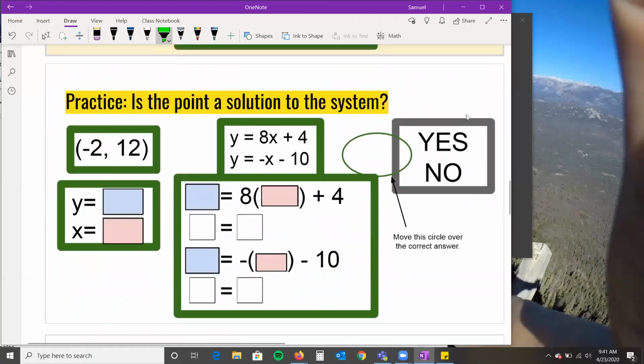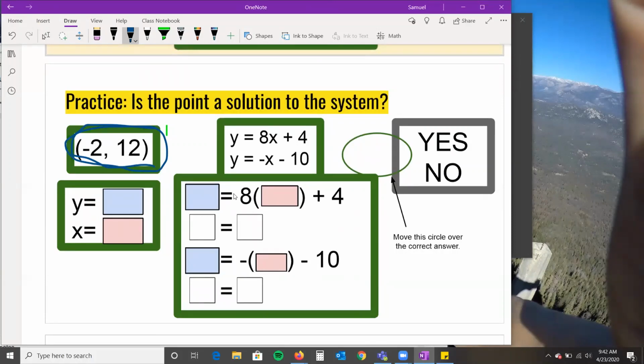Okay. I want you guys to go ahead and try one more time. I want you guys to get a head start on this, and then we'll solve it together. It'll be a little less time on this one, but I want you to see if you can get this. So is this point right here that I'm circling a solution to this equation and this equation?